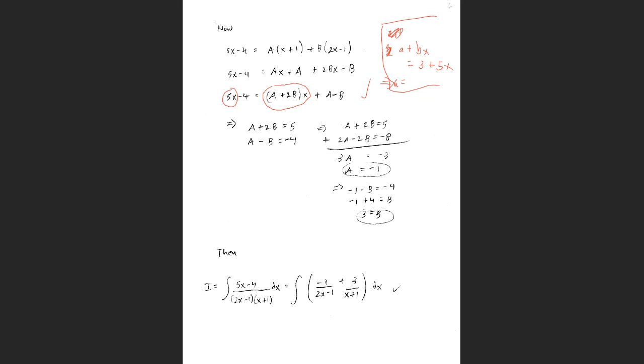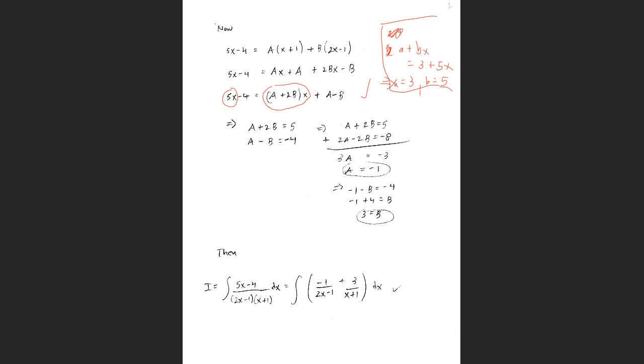If A plus B X equals 3 plus 5X, what would A equal? 3. A would have to equal 3, and B would have to equal 5, right? So very simple example, but it's the same kind of principle.